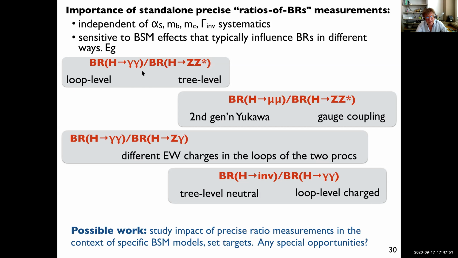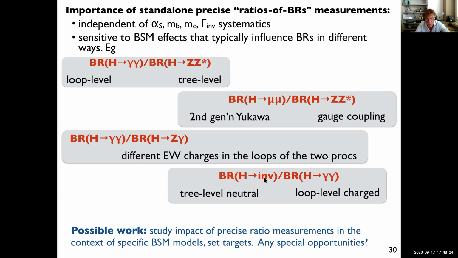Because if there are alterations due to new physics, with the exception of new physics that shifts the total width of the Higgs, but if it's new physics that affects individual couplings, it's very hard that it will maintain something like the ratio of branching ratios of Higgs to gamma gamma and Higgs to ZZ, or Higgs to mu mu and Higgs to ZZ, or Higgs to invisible and Higgs to gamma gamma, just because these are completely different processes.